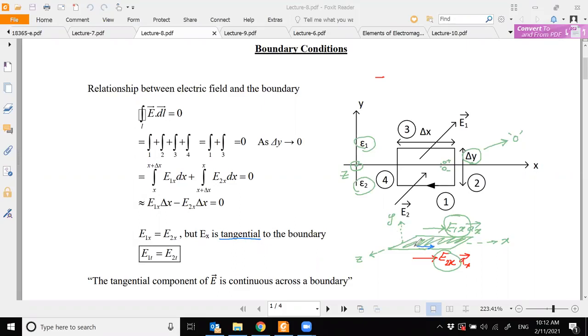So if you see here, E1x is sitting in the plane. What else will sit in the plane? Which component will sit in the plane? Can anybody tell? Z. Z, yes.